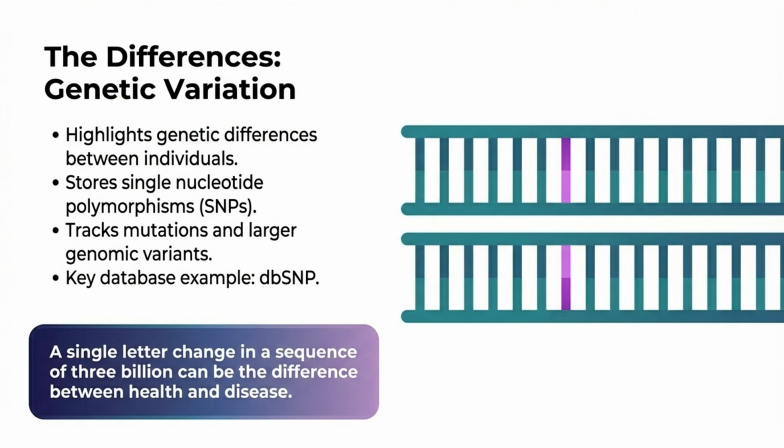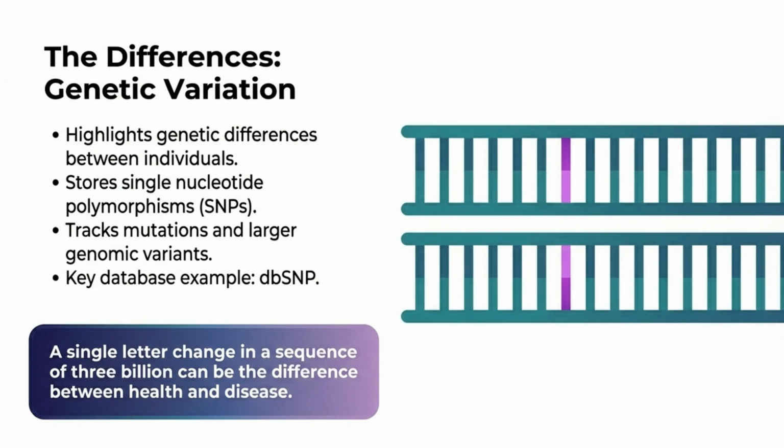Databases such as dbSNP catalog these variations. These resources are important because some variants are harmless, while others can influence protein function, disease susceptibility, or drug response. In some cases, even a single nucleotide change can disrupt a protein or alter a regulatory region. If you look at the slide, the key idea is that small sequence changes can create meaningful biological differences.